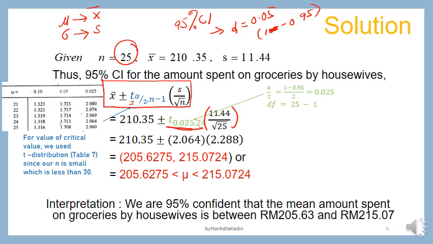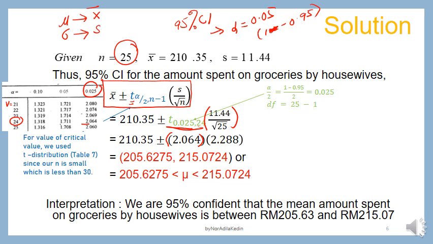So now mana dapat 2.064? Because the population variance is unknown and the sample size is small, refer to T distribution table, go to alpha 0.05, degree of freedom v sama dengan 24.